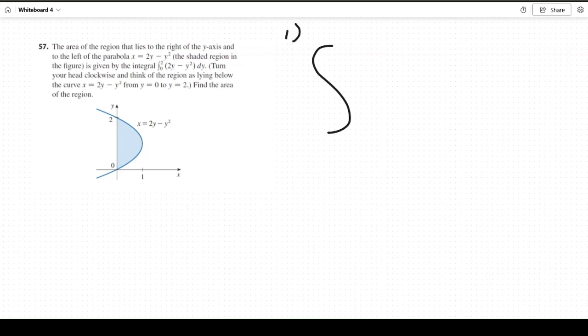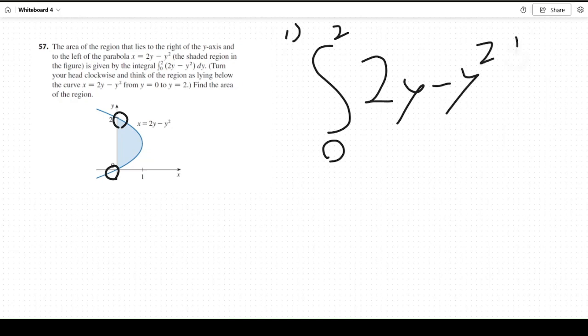So the limits are from 0 to 2, since it's going from y equals 0 to y equals 2. And we want to find the shaded region, so let's put in the function. 2y minus y squared dy. Now we just have to integrate, guys. Really simple.